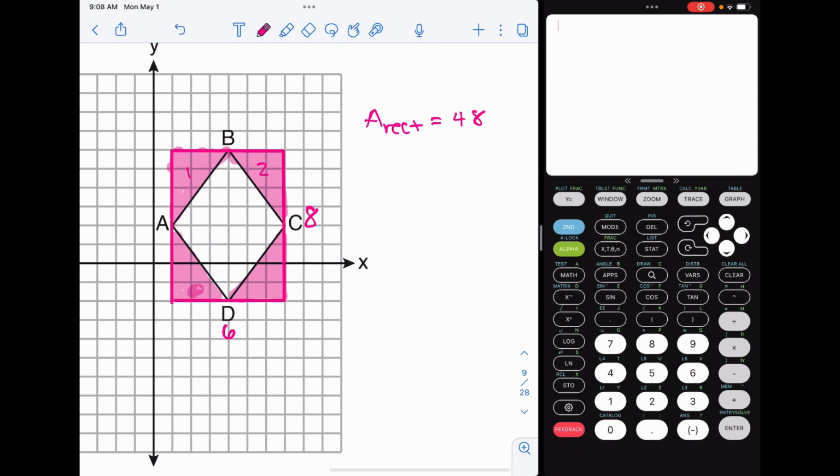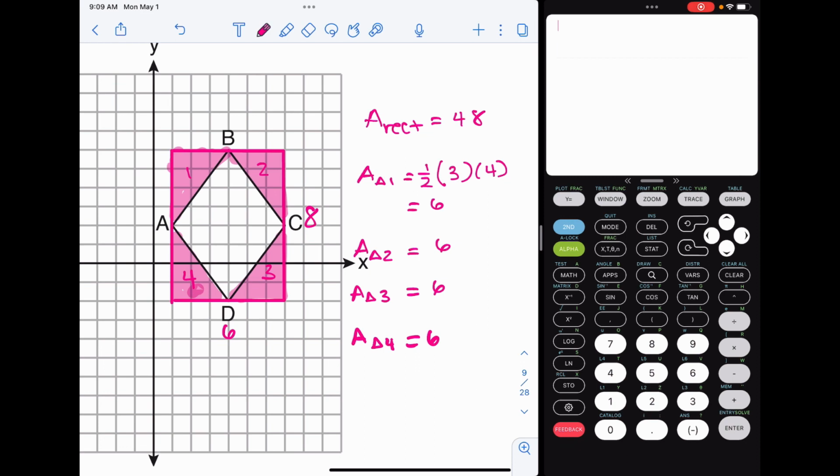Let's number the triangles to keep them organized. The area of triangle 1 is 1/2 times 3 times 4, or 6. You might notice that all 4 of those triangles look the same, and they are. They all have an area of 6.